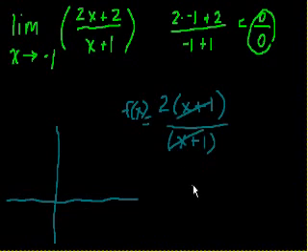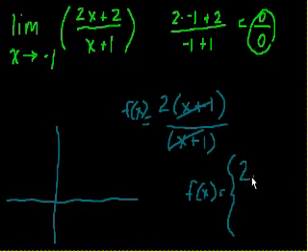And so really we see that f(x) is equal to 2 when x does not equal -1. And we saw when x is equal to -1, it's undefined.